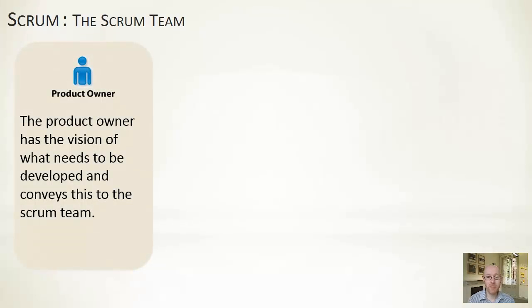In terms of the key individuals that we have involved within the Scrum process, one of them is the product owner. This is the person who knows what needs to be developed. Notionally, they have the vision of whatever the development is about.